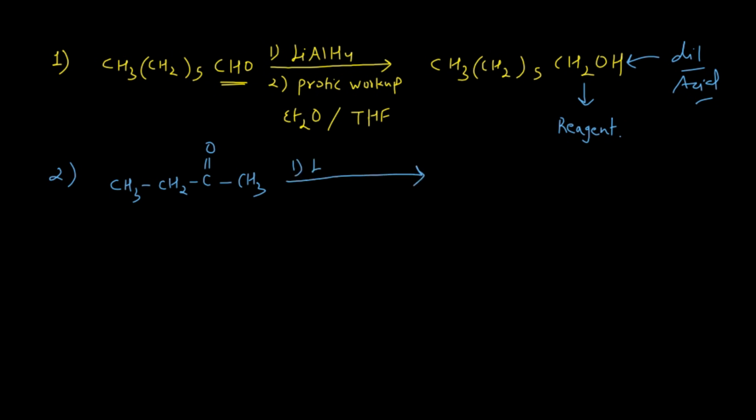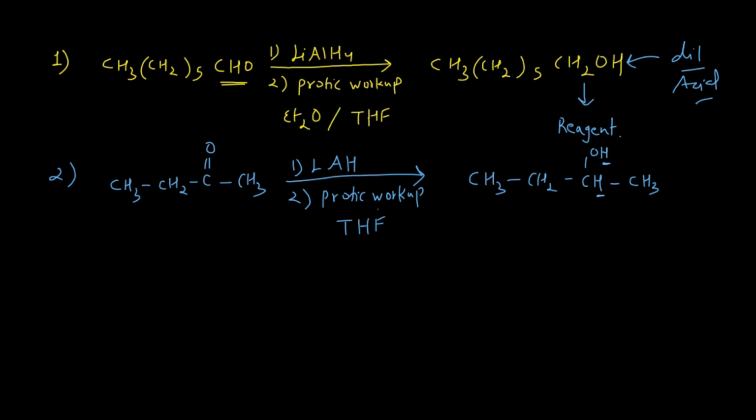First you will take your lithium aluminium hydride, LAH I am writing, and second you will do the protic workup, with either THF, tetrahydrofuran, or diethyl ether, and then you will have your alcohol, which is your CH3, CH2, CH, and this hydrogen is coming from the lithium aluminium hydride, and then this would become OH, and this hydrogen is coming from your protic workup, right? This has been proved by experiment as well. If you take the deuterated acid in case of the protic workup, then deuterium would be here. So this is coming from there.